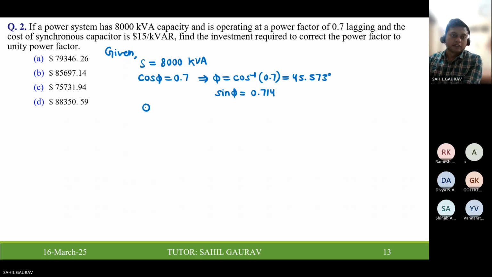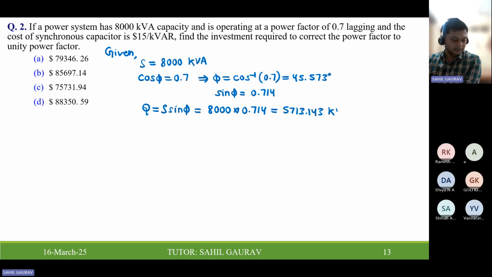So Q will be S into sine phi. Apparent power is 8000 kVA, sine phi is 0.714, so it is 5713.143 kVAR.